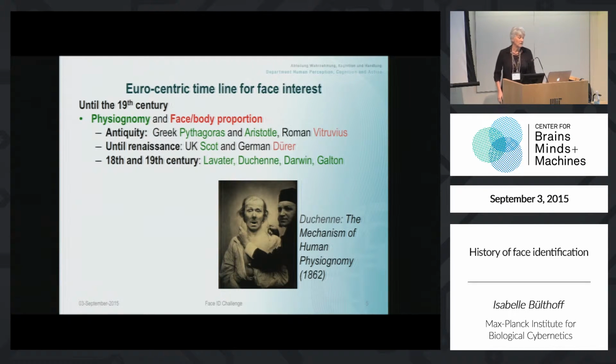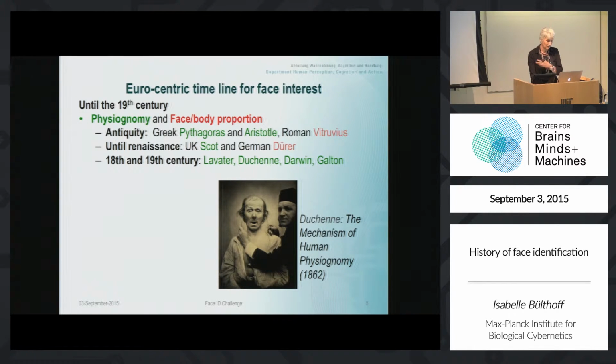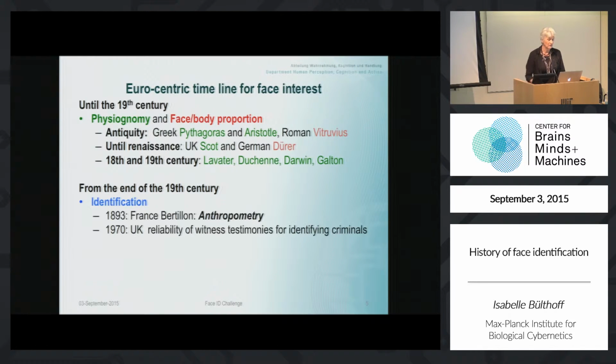In the 18th and 19th centuries, there was still a lot of interest in physiognomy. Here is an example from the book of Duchenne, one of the first to use photography in his books. It had a lot of success, and then you have to wait until the end of the 19th century to find the idea that faces could also be used for identification.